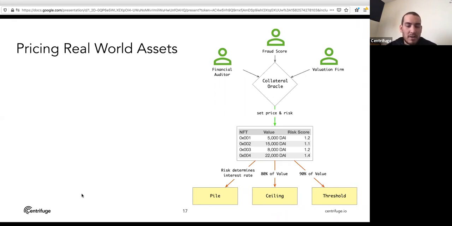And so interest rates are being set where the asset originator will have to work on making as much information available to these different pricing providers, these Oracle providers, to be able to give as accurate a pricing on them as possible. And so that's what will essentially set the interest rate. The more you can reduce trust, the more information you can make available, the lower you can drive down these interest rates.